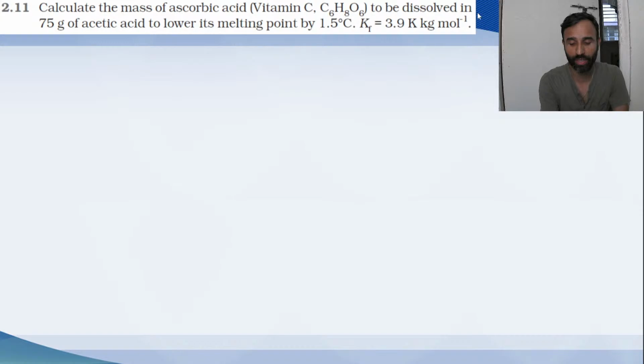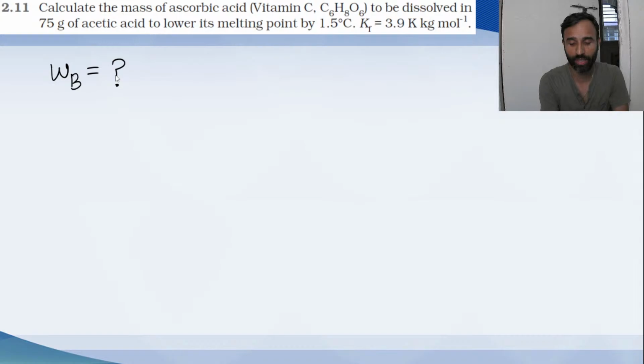Next question. Calculate the mass of ascorbic acid, that is vitamin C, C6H8O6, to be dissolved in 75 gram of acetic acid to lower its melting point by 1.5 degrees Celsius. Here Kf is given to us because solvent is other than water. Okay. Now what we have to calculate? Again mass. In the last case it is mass of sucrose.